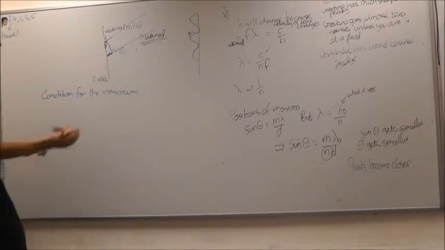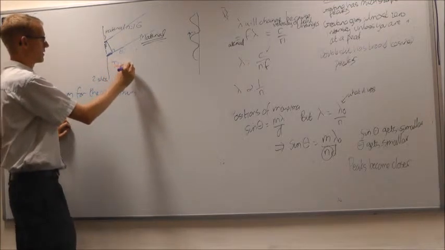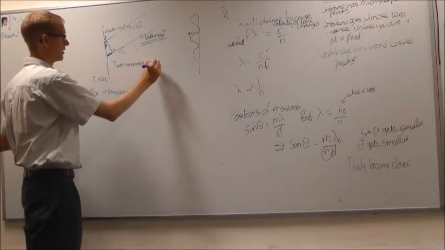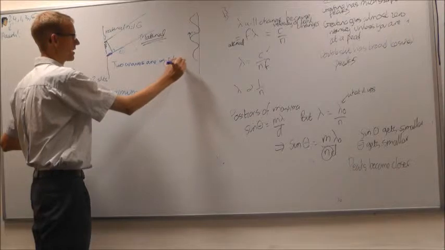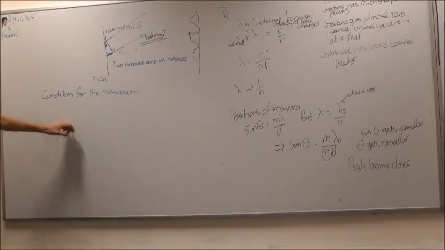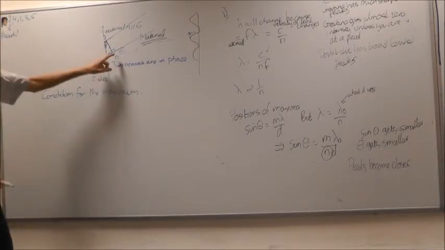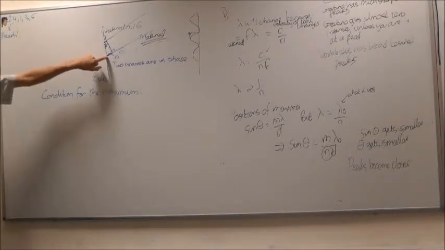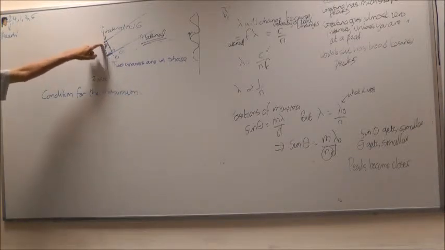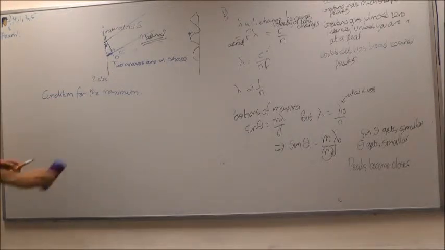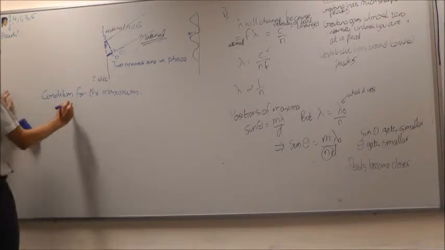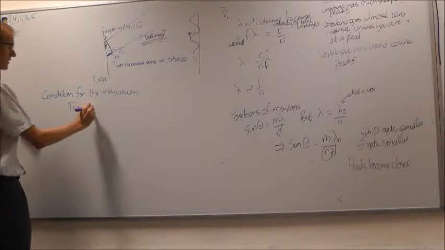That's the key thing. Two waves are in phase. So if we say that the phase is 0 here, what is the phase of this one when it's back here? What is the phase of the second one? So condition for maximum, two waves are in phase.